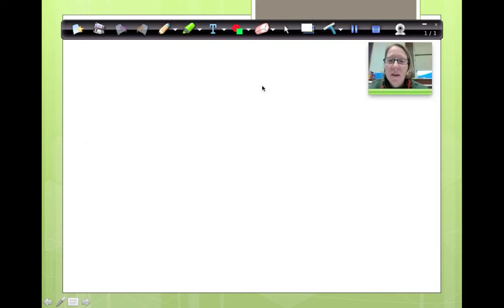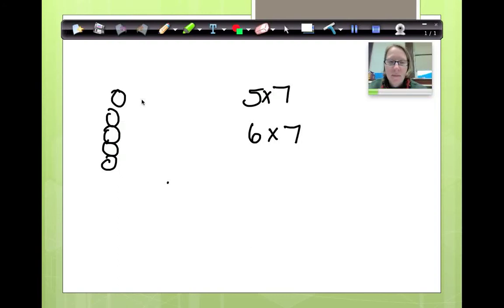How are they similar? How are they related? What's the difference between them? Well, let me draw that picture again real quick. This is the picture of the 5 sevens, 1, 2, 3, 4, 5.